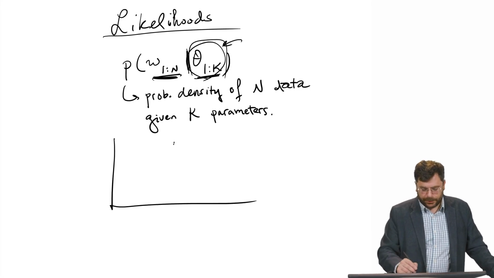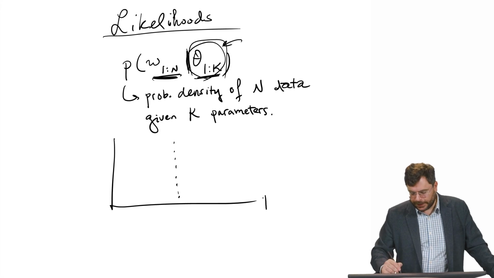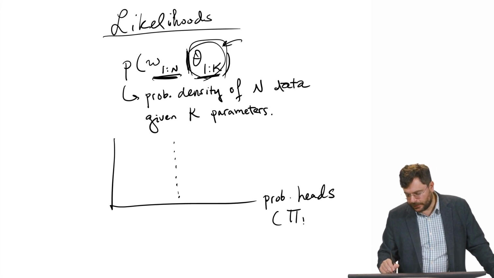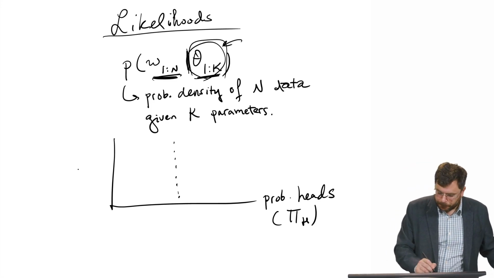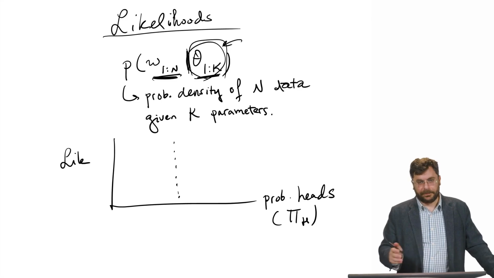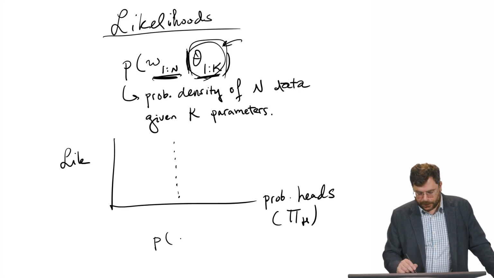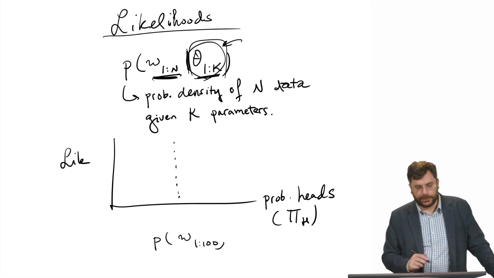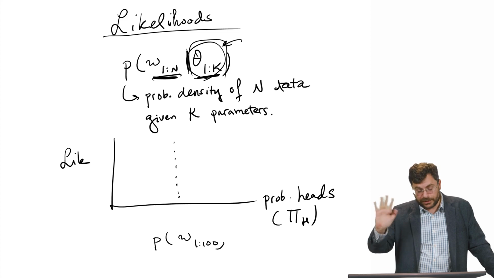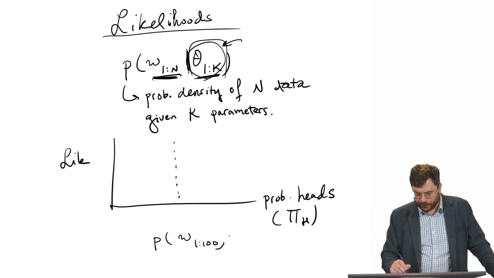Right? So for example, if I were to write here the probability of heads, and let's abbreviate that to pi sub h, and this was going to be our likelihood, and suppose that we flipped a coin 100 times. We got heads, tails, heads, heads, heads, and so forth, a mixture of heads and tails all the way up to 100, conditioned on the probability of heads.